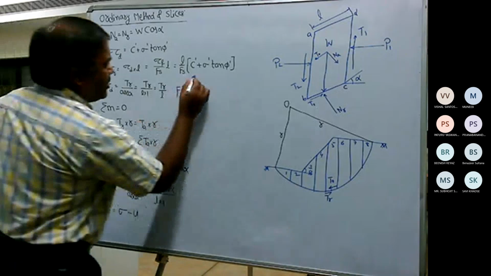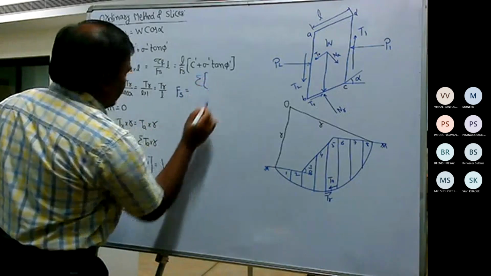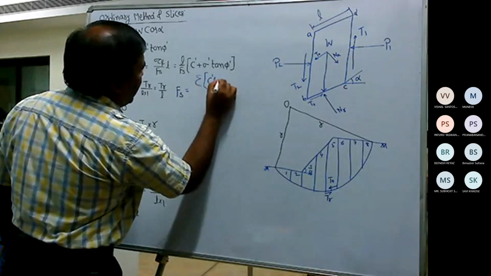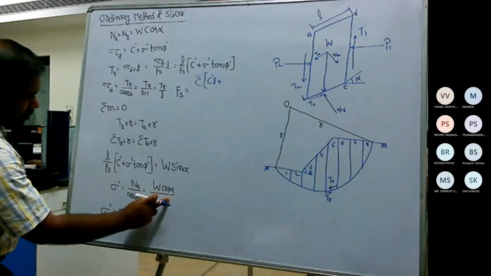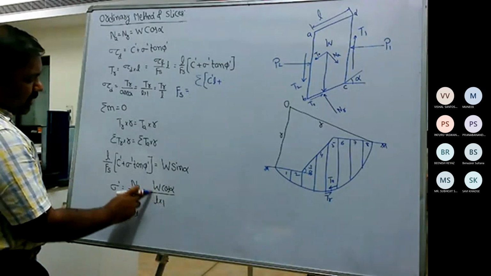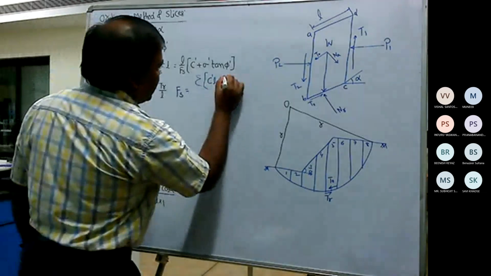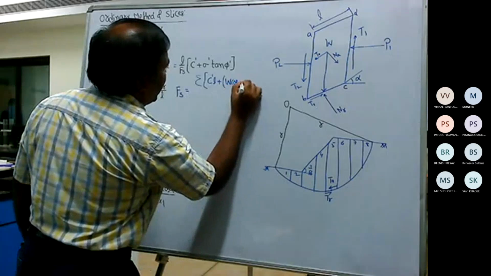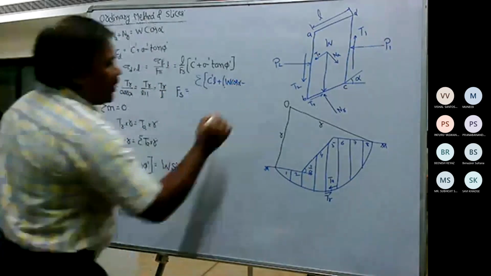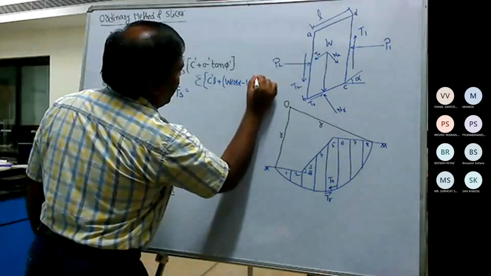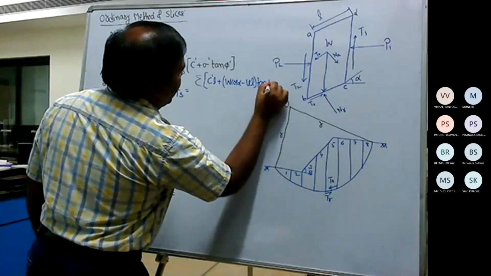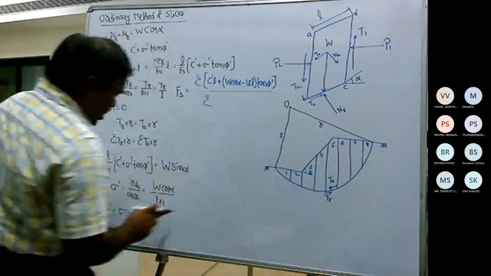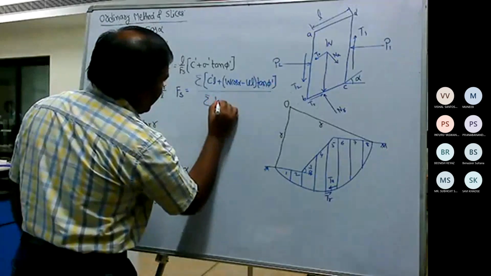So your Fs is nothing but the summation of C dash into L plus sigma W cos alpha by L. If you multiply L and L, this will become simply W cos alpha minus U, which is equal to U into L. So U into L multiplied by tan phi dash, divided by the summation of W sin alpha.